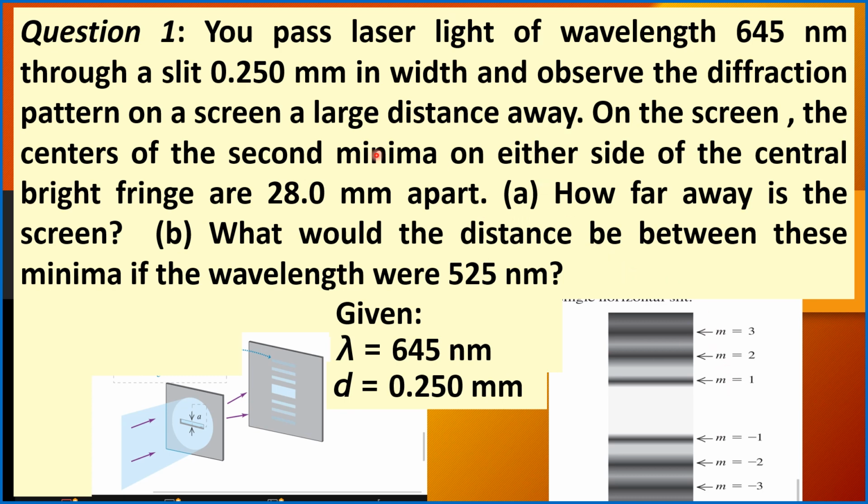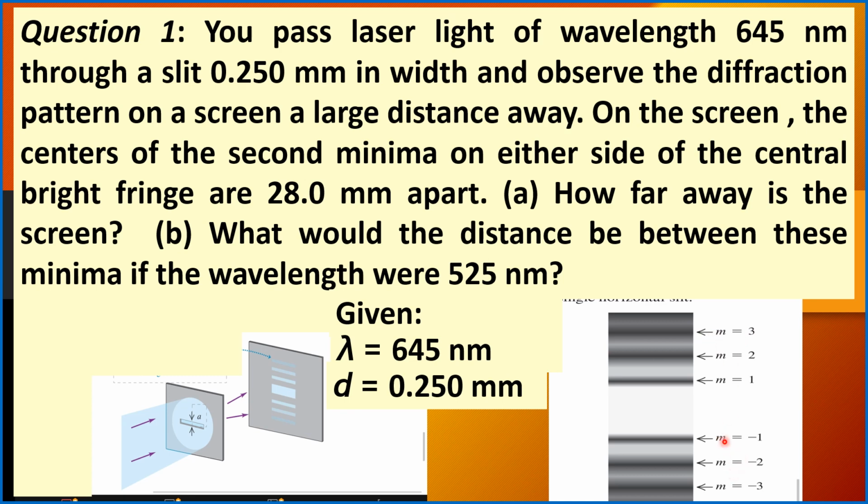So in single slit diffraction, the letter small m in our illustration here will be used to refer to the result of the destructive interference, and we call this the minima. The first dark fringe is labeled as m equals 1, so we call this the first minimum. M equals 2 is called the second minimum. M equals 3 is called the third minimum.